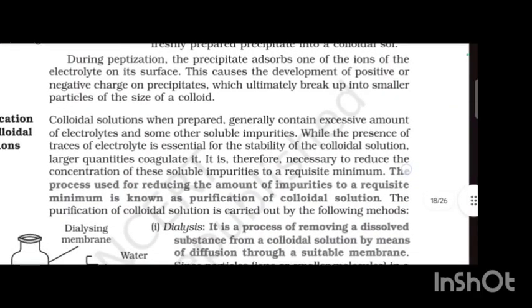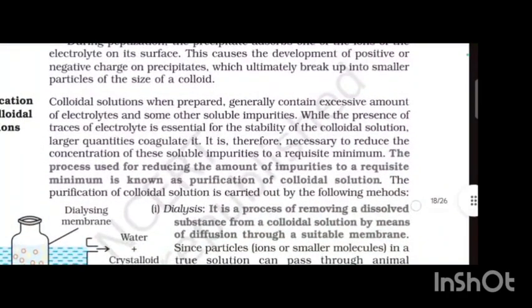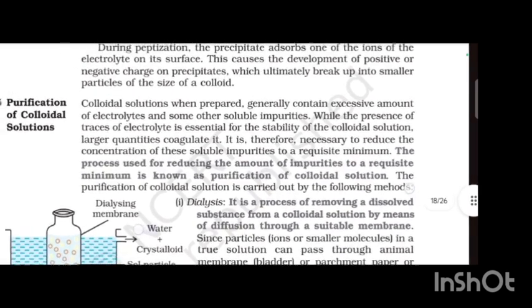During peptization, the precipitate adsorbs one of the ions of the electrolyte on its surface. This causes the development of positive or negative charge on precipitates, which ultimately break up into smaller particles of the size of a colloid.